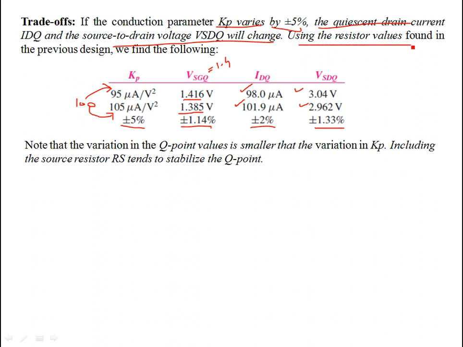Using the resistor values found in the previous design, these variations are not a significant deviation from the specifications. You note that the variation in the Q point values is small, smaller than the variation in Kp. So including the source resistance RS tends to stabilize the Q point. That's the important point.